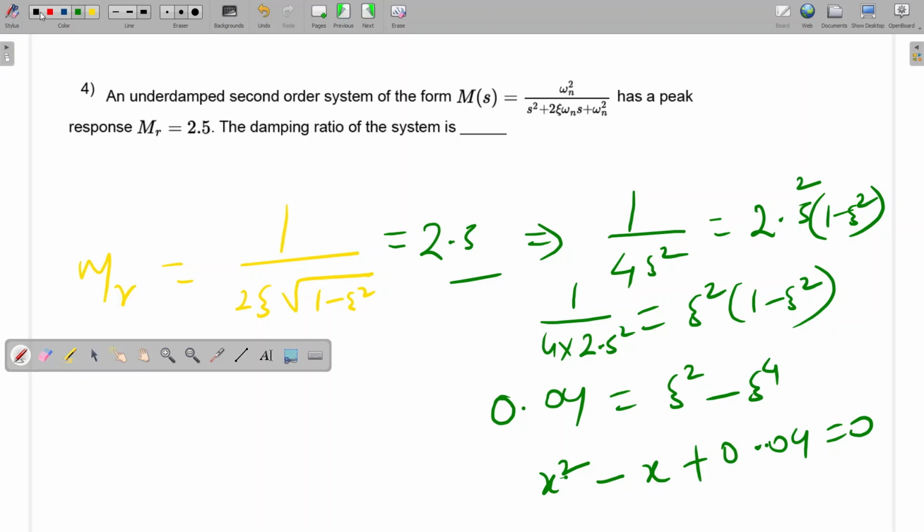Zeta square I'm assuming as x. Okay, so next we can solve the equation: 1 minus 1 into 0.04. So 0.958 value, and 0.0417.